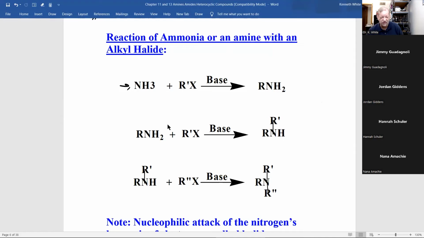So let's look at this reaction. By the way, that should be subscript. Oh, I have this from my software. But anyways, if we take a primary amine and react it with an alkyl halide in the presence of base, you get a secondary amine. Let's look at the whiteboard.